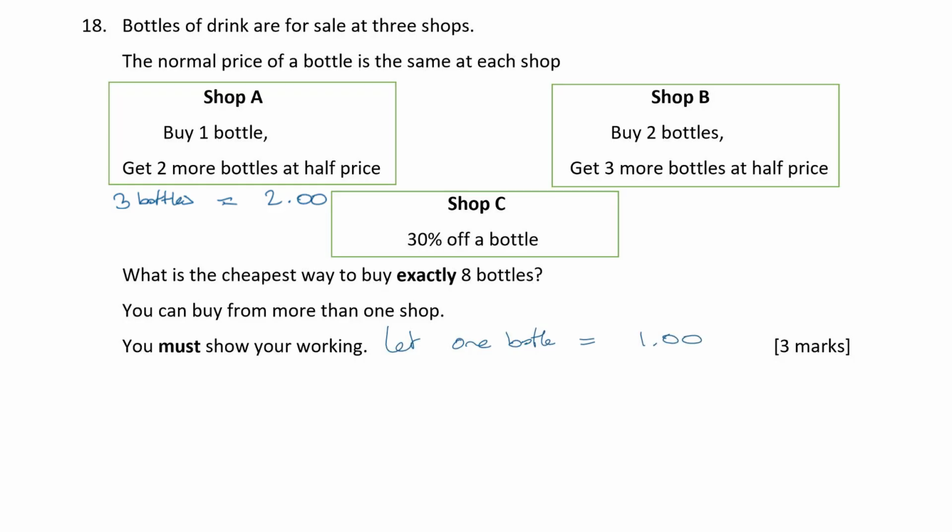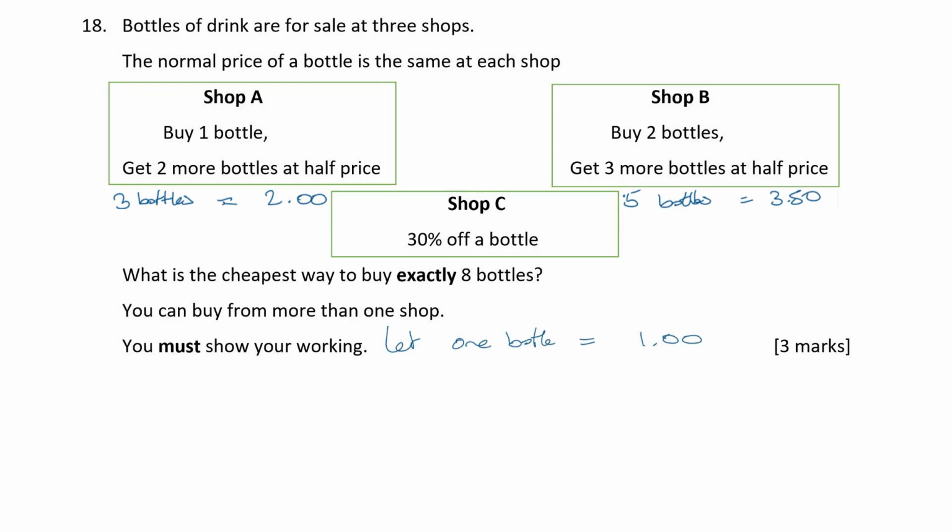In shop B, we buy 2 bottles and we get 3 more bottles at half price. So I'm buying 2 bottles at £1 each, so that's £2, and I'm going to get 3 more bottles at half price, so that would be 50, 50, 50, which adds up to 5 bottles costing £2 and £1.50, which is £3.50 or 3.5 maths dollars.